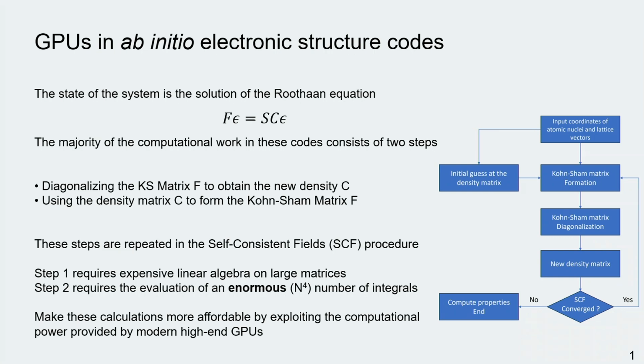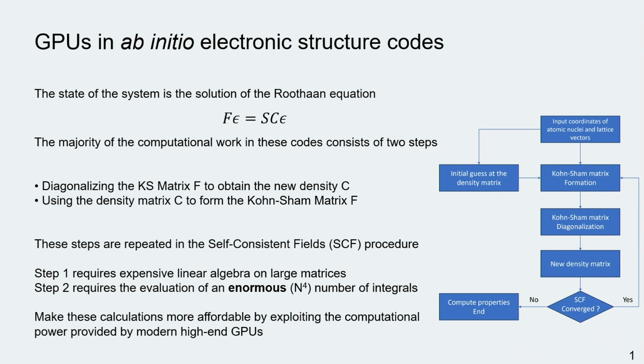Of course, this first step is the diagonalization of a matrix. It can be dense, it can be a sparse matrix, it can even not be a matrix and just be a general linear operator. And then step two, which is the focus of my work, is a complicated step, and what it does is require the evaluation of a truly enormous number of electron repulsion integrals.